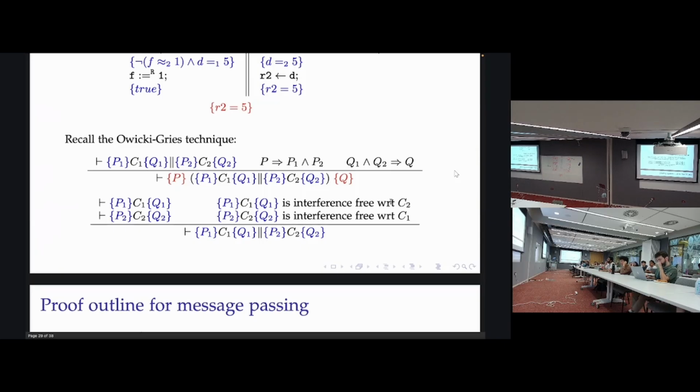So now, if we can prove both of these things, we've shown that P1 is resilient to the interference from the other thread. If I can show both of those things, this is globally correct, if you like. So that's P1 done.